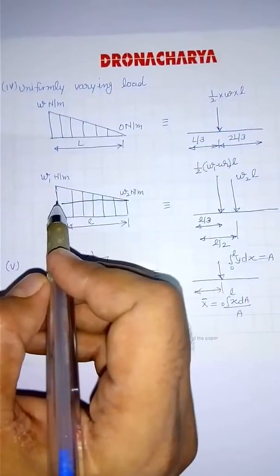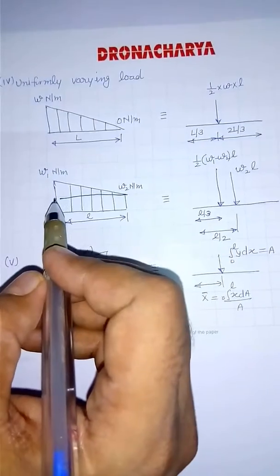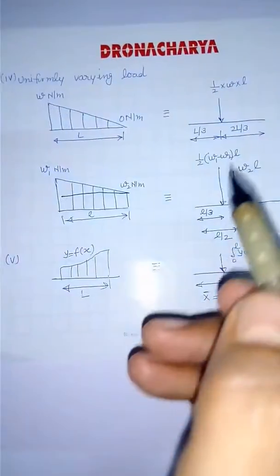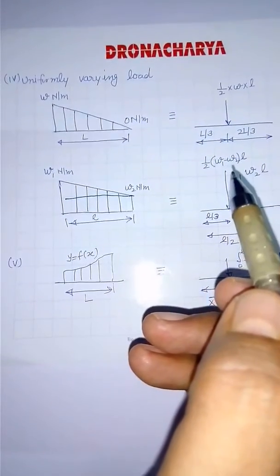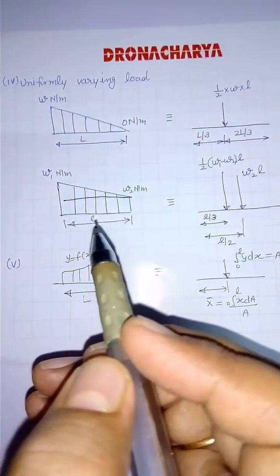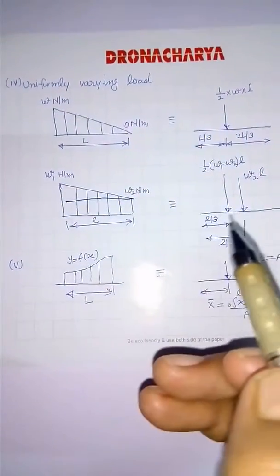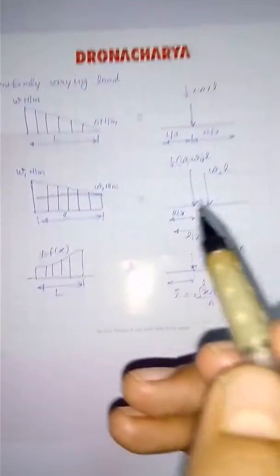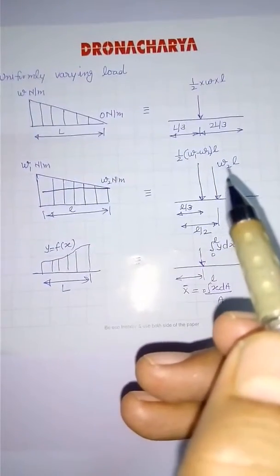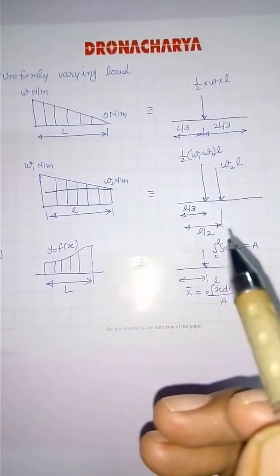The height of the triangle is W1 minus W2. So the force is 1 upon 2 W1 minus W2 into L, acting at L by 3 from this side. The other one, the UDL, is W2 into L, acting at L by 2.